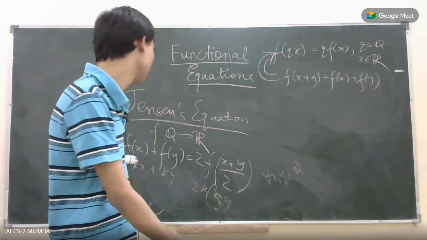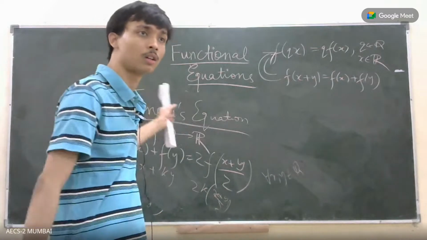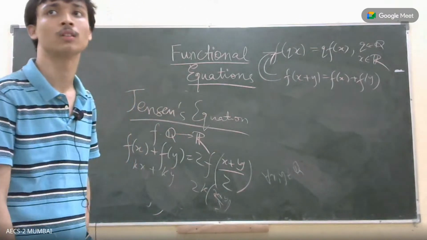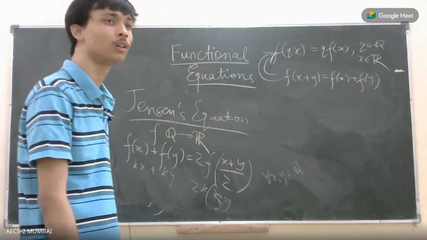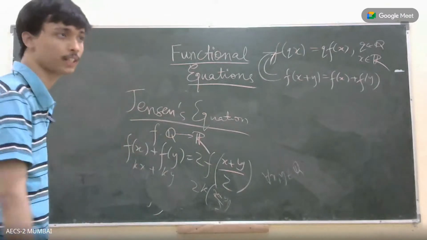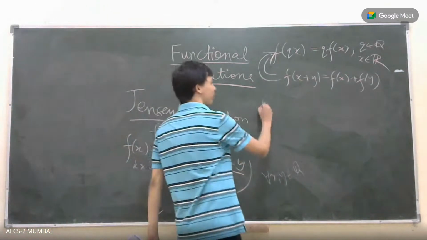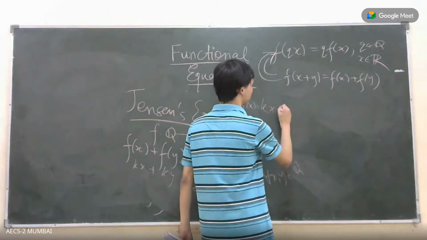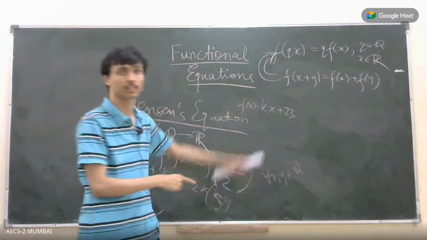If there is any discomfort, please do let me know. f(x) = kx works, right? Thus f(x) = kx + 23, does this work?